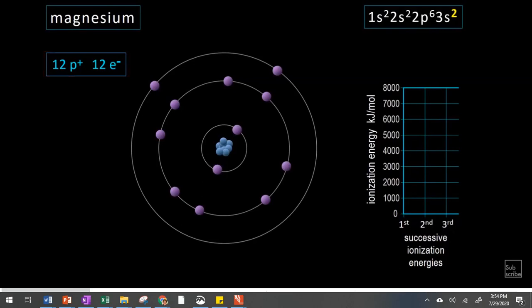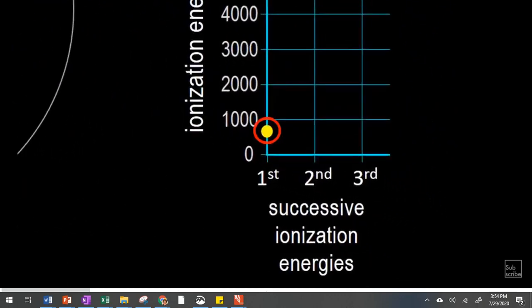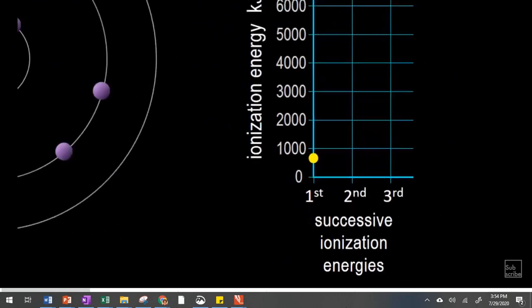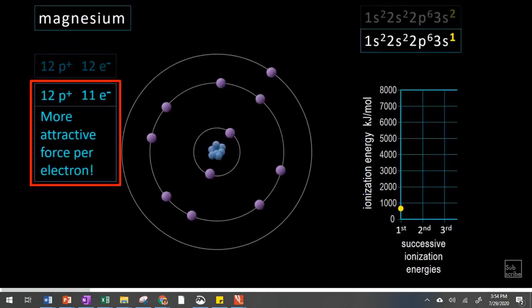Note that magnesium wants to lose its 2 valence electrons to acquire the stable electron configuration of neon. The first ionization energy is relatively low, as shown on the graph. Now, however, with 1 less electron, there is more attractive force per electron from the same 12 protons. How will that change the amount of energy needed to remove the second electron?